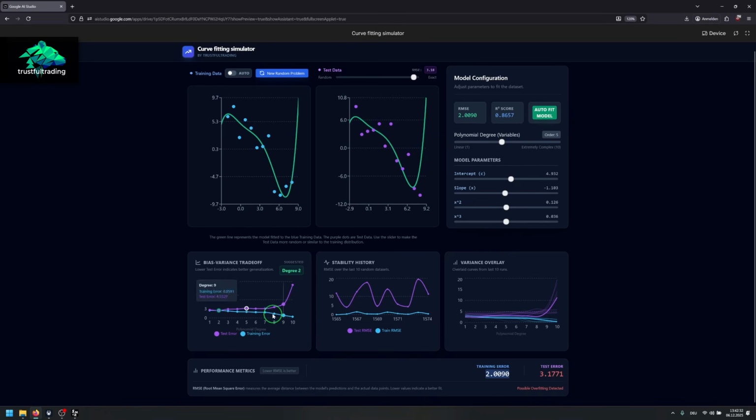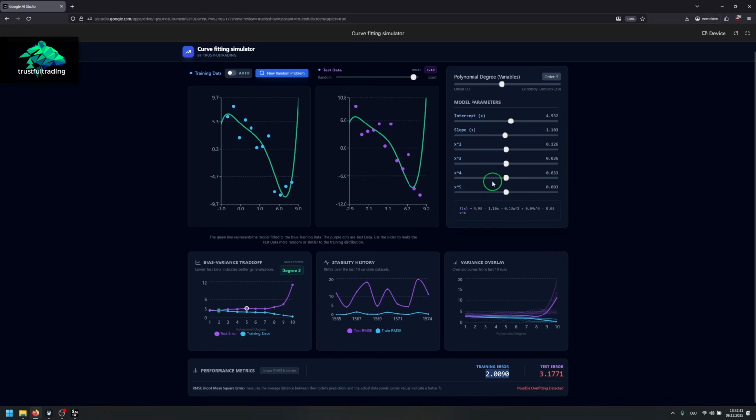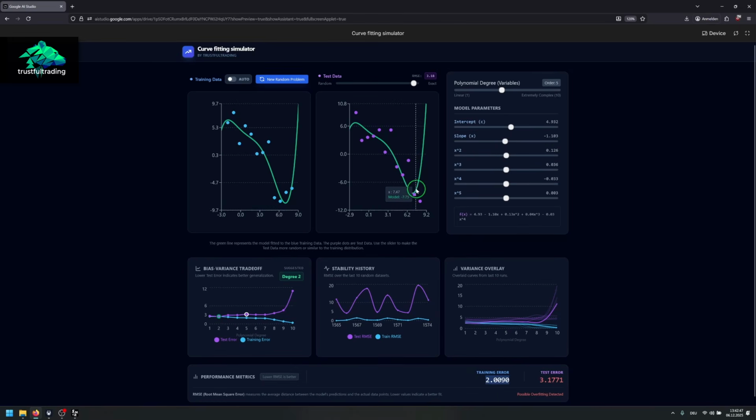But with this simulator, you see pretty clearly that if you use more parameters for your model, as the model gets more complex here, you get a better backtest, but a worse performance in the live data. You also see this here, where we plot the last 10 curves.